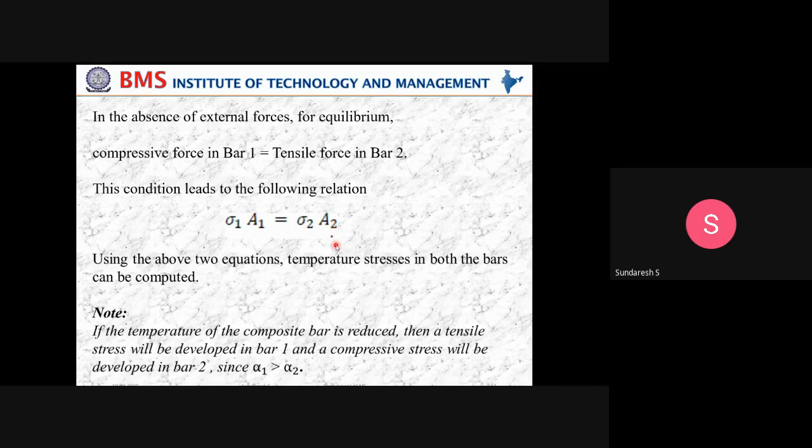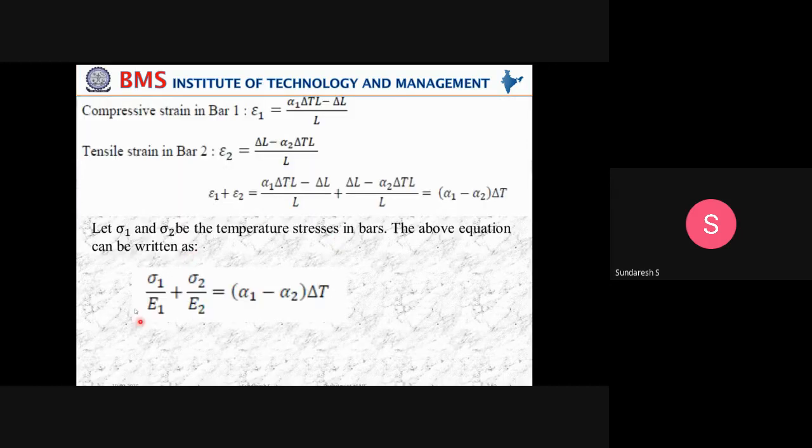Now what I do here is, I will substitute sigma 1 as sigma 2 into A2 by A1 in the previous equation. So now, in place of sigma 1, I will be writing sigma 2 into A2 by A1.